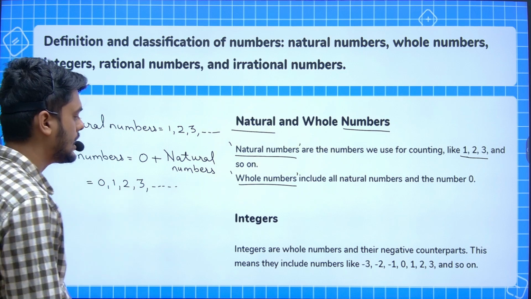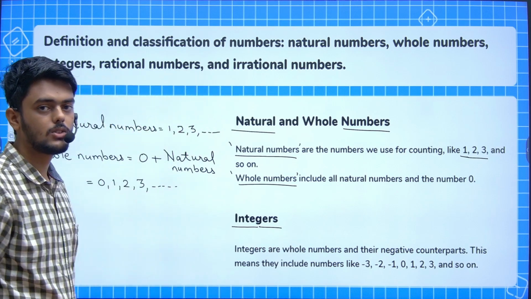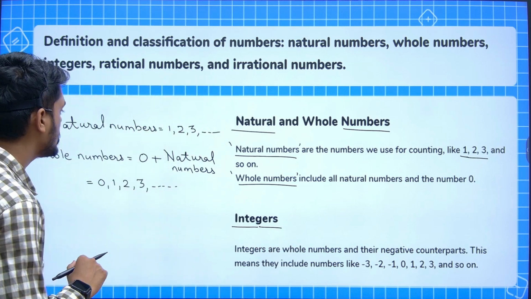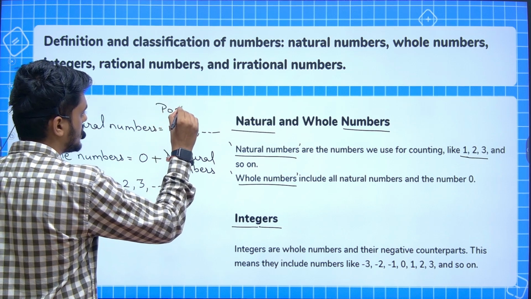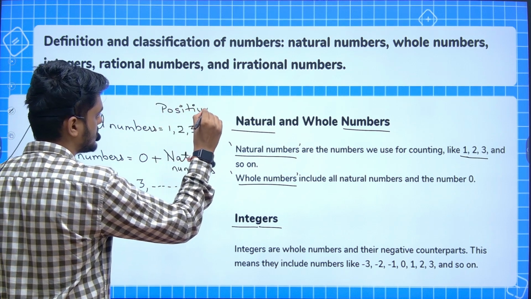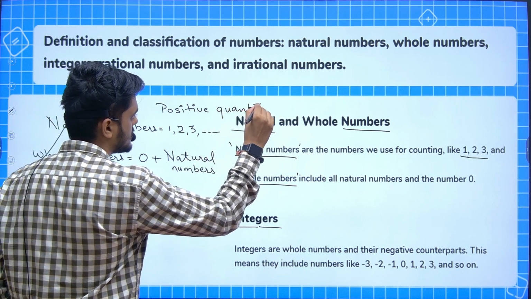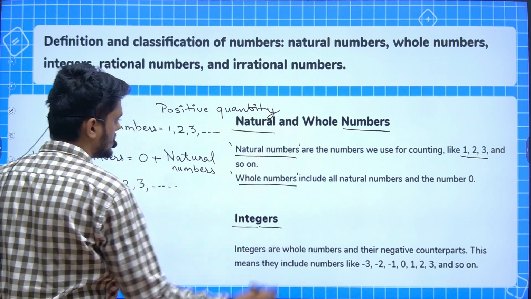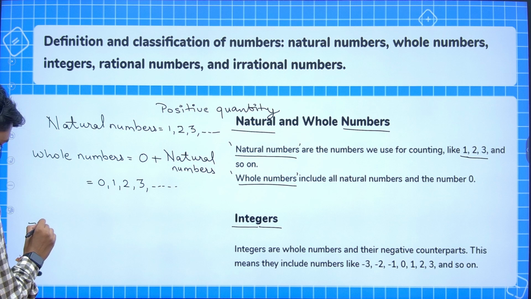The next we have is integers. Till now, whatever quantities we were looking at were basically positive quantities. Now, we have also included the negative quantities.